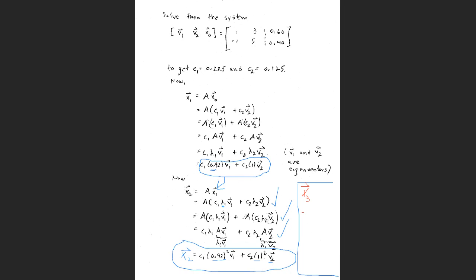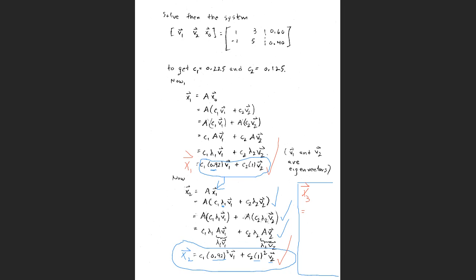What do you think x3 would be? We've done x1. We found an expression for vector x1. We found an expression for vector x2. And x1 and x2 are linear combinations of the eigenvectors.